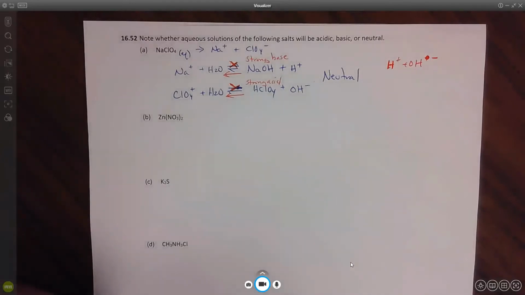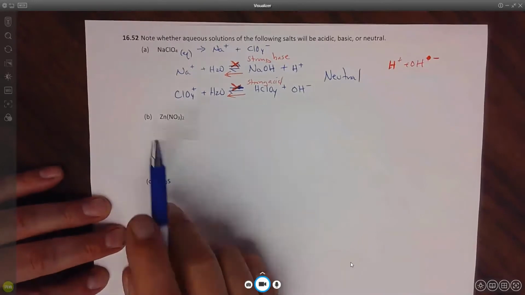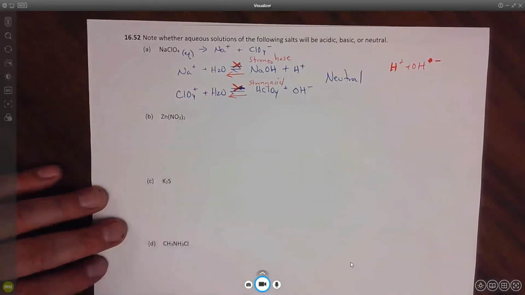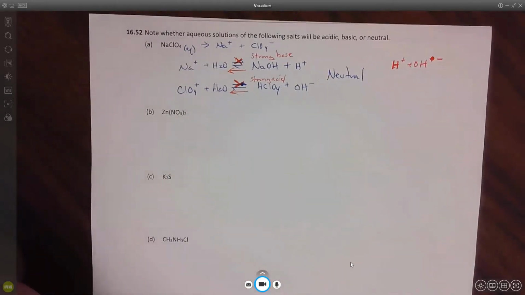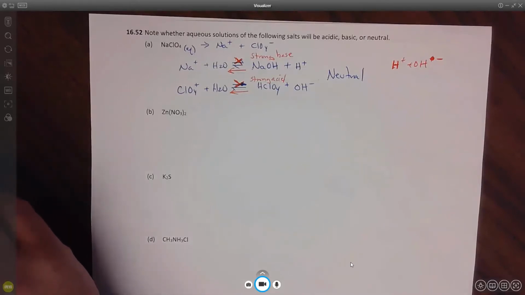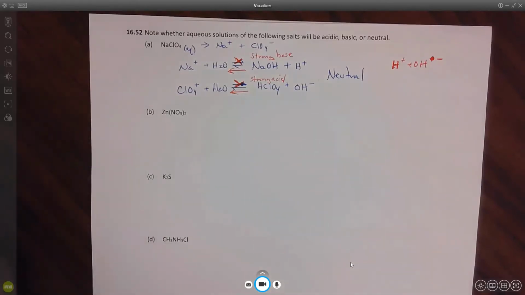Zinc nitrate. So it's zinc 2 nitrate, right? It's a transition metal, so you have to include those Roman numerals. So is zinc 2 nitrate, first off, is it a salt? Let me think. Okay, so is it molecular or ionic?